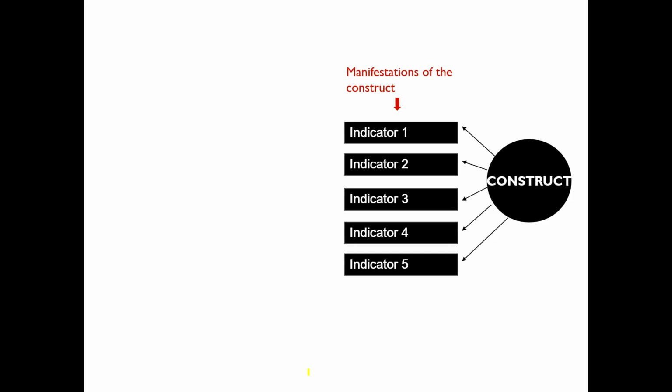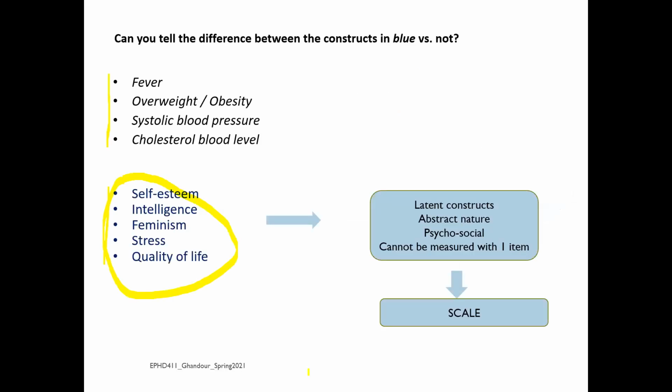When you talk about the depression scale, you have several items. What do these items correspond to, in your opinion? What do you think these questions, which we call items or indicators in a scale, represent?